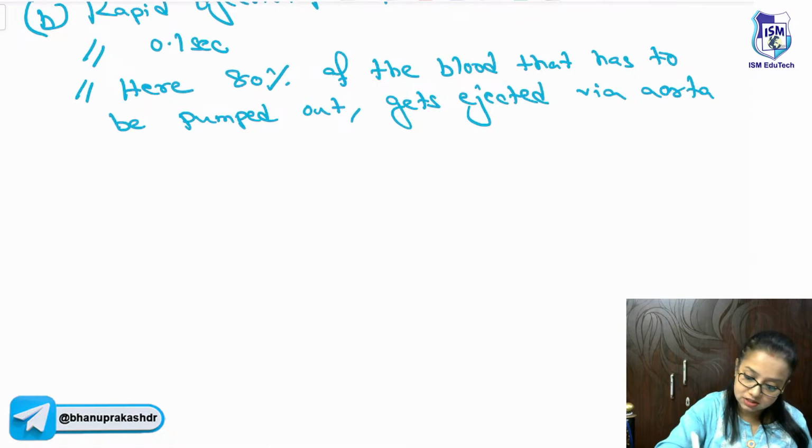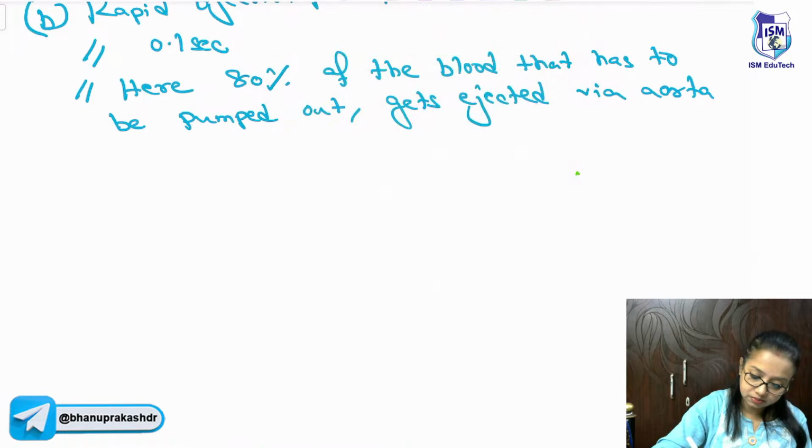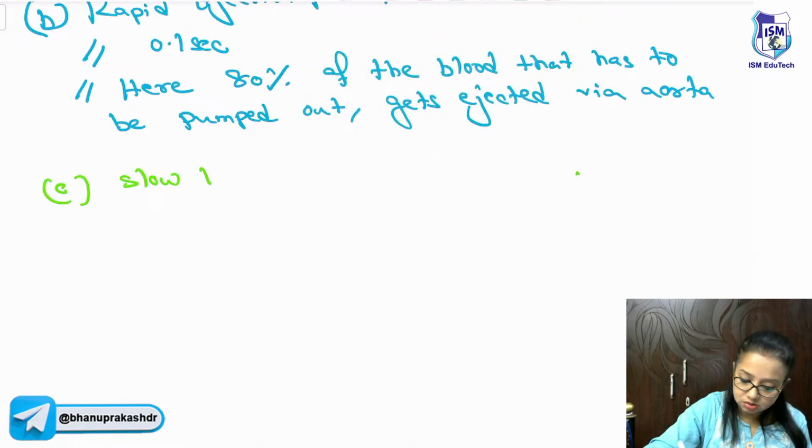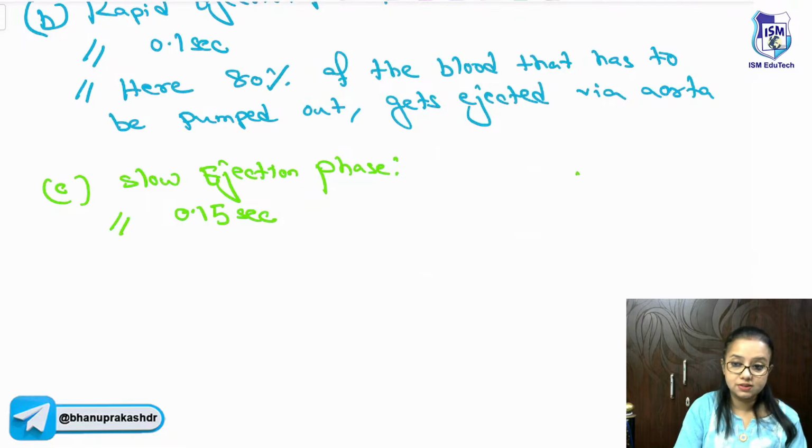Next, what happens is the slow ejection phase. Now, this slow ejection phase lasts a little longer. It is about 0.15 second.